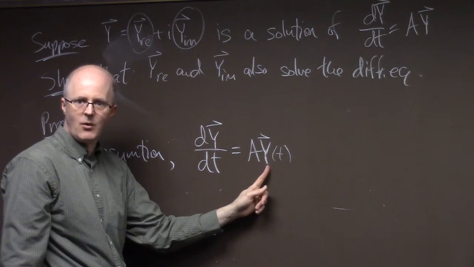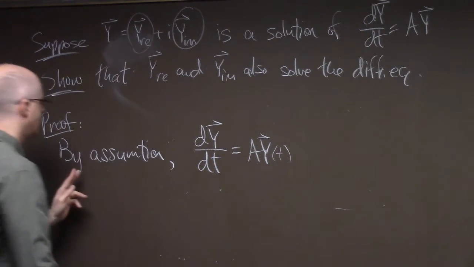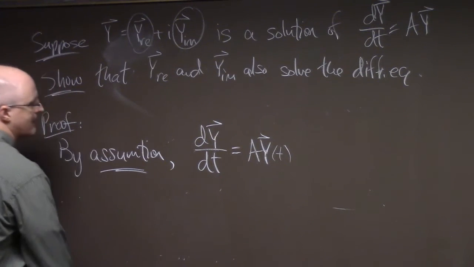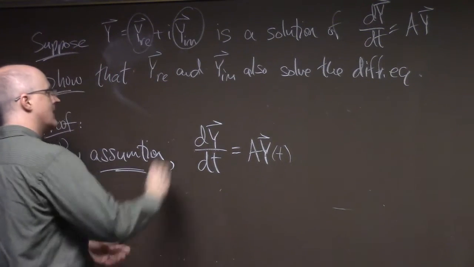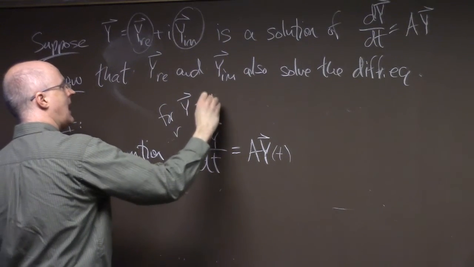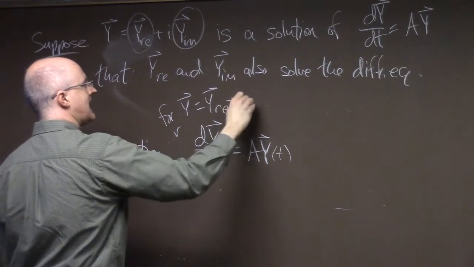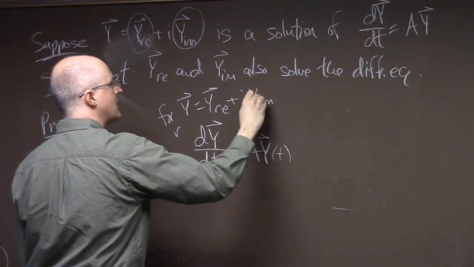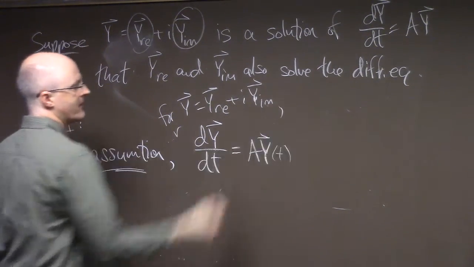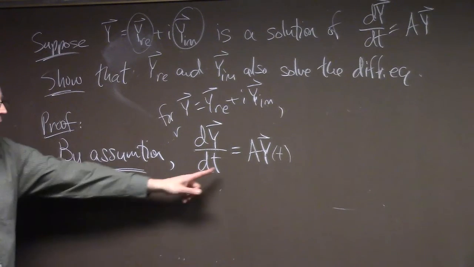But you should understand y is a function of t here. So by assumption, for this particular function, maybe that's worth adding in here, for y equals Y_re plus i Y_im, which I'm assuming is some particular function, we know this is true.